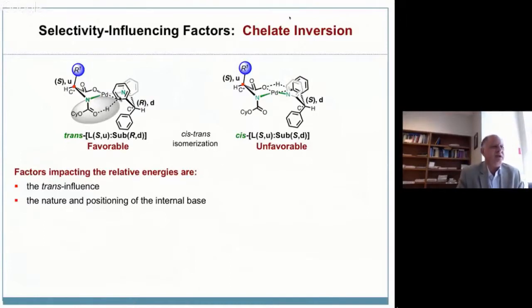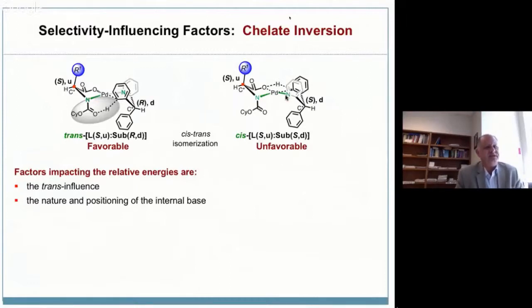For example, if the directing group is located in the trans position to the amide center, then the protecting group from the amide becomes available for C-H deprotonation, which is a very favorable deprotonation process.